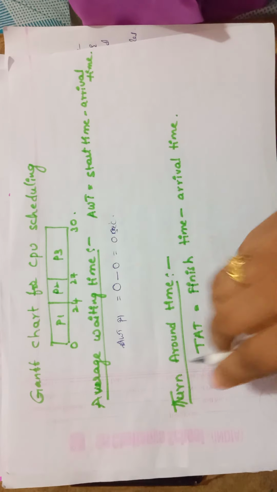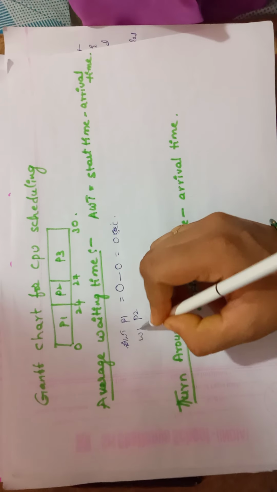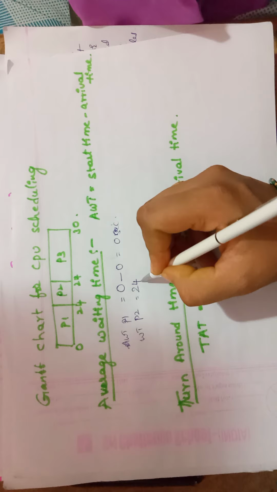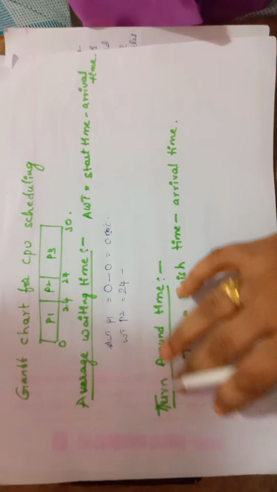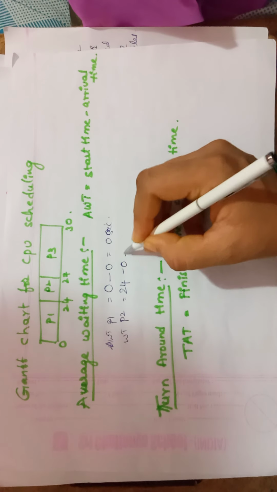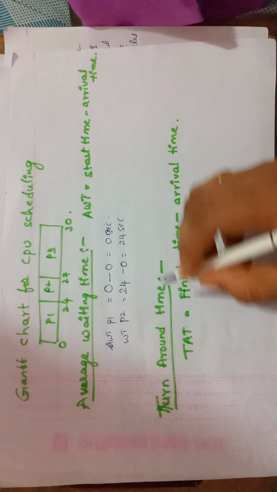Now the next process is P2. The P2 start time is 24 and arrival time is 0, so 24 seconds is this process's waiting time.